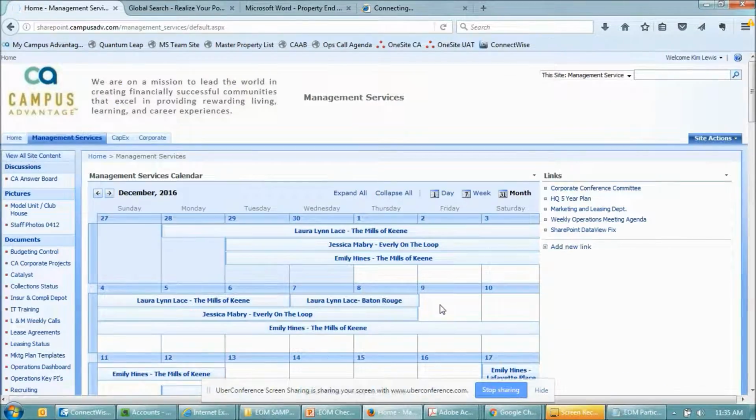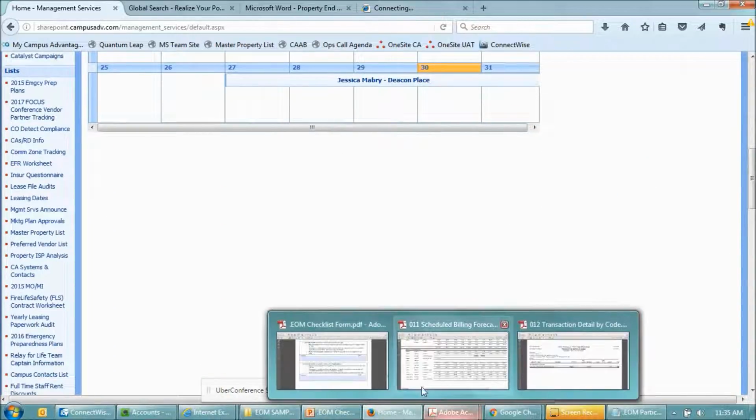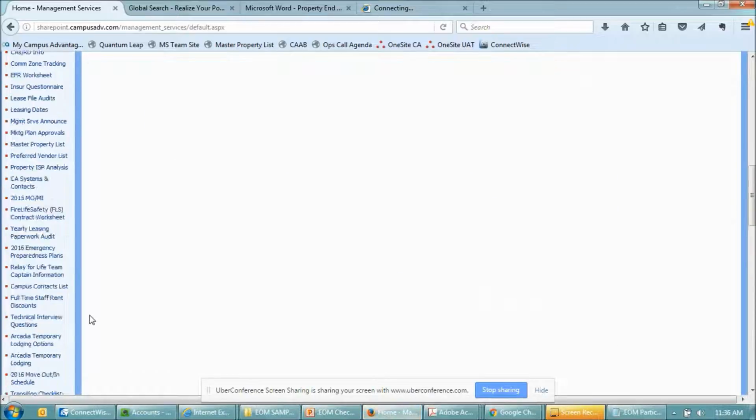There we go. What would be another option? iPads, cruises, Xboxes. I mean, anything that would be a tangible concession. In that form that the end of month checklist is referring to, this tangible concession referral form, each property will have one of those in their SharePoint site.